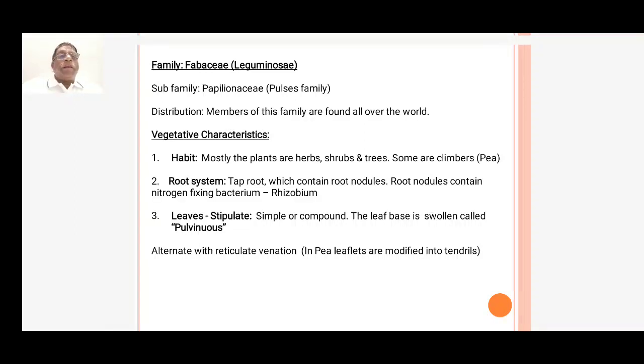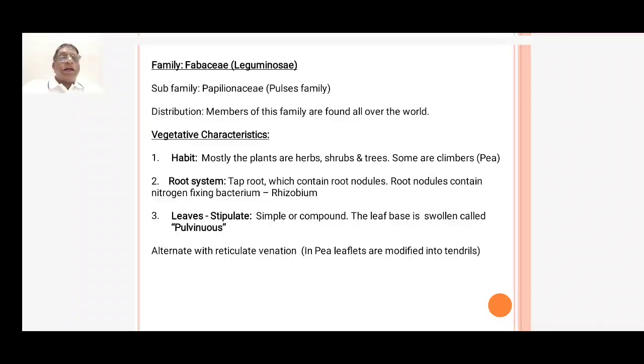Example: hesaru, uddu, halsandi, soybean, batani, huruli, kadle kaalu, all of them belong to this family.